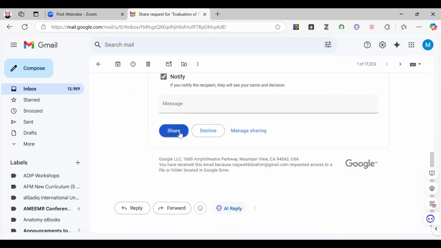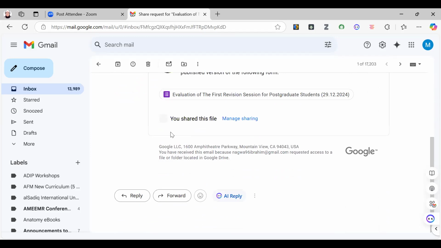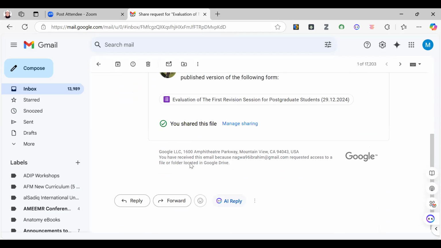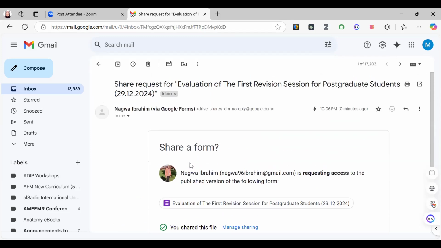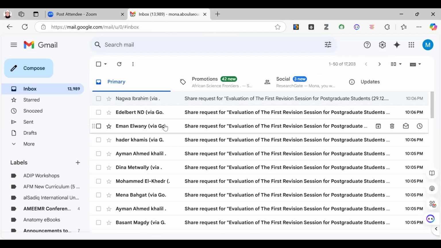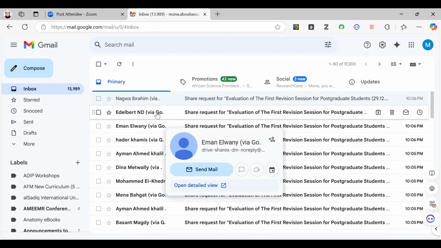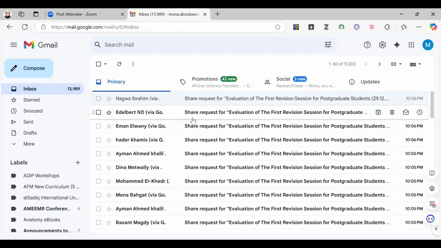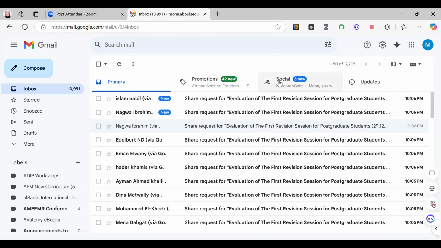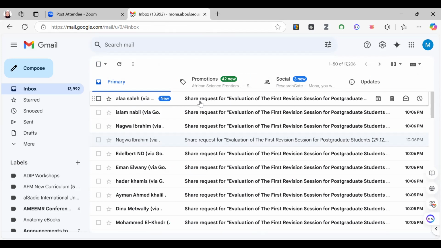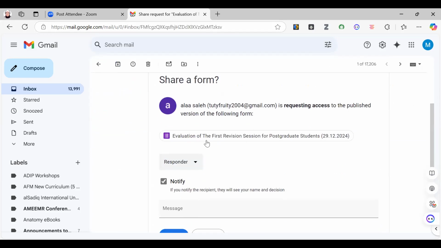Did this happen with the rest of you as well? Yes, doctor, I'm requesting access as well. You see, this is another reason why I don't like Zoom. It wasn't like that with Microsoft Teams.